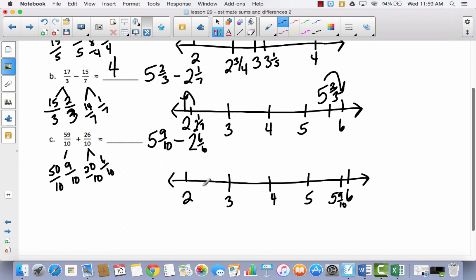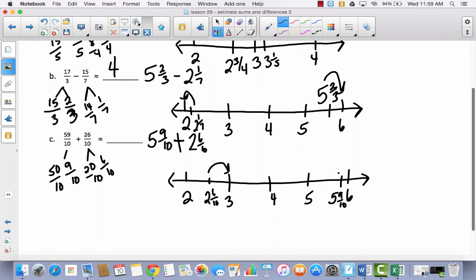Well, 2 and 5 tenths would be right in the middle. So 2 and 6 tenths is just a little bit closer to 3 than it is to 2. So I could say that this is, oh, this is an addition problem. I was going to subtract. I could say that this is closer to 2 and a half, or I could say it's closer to 3.